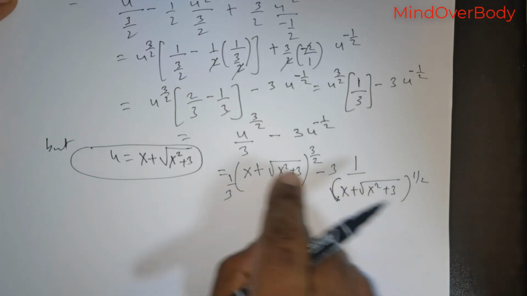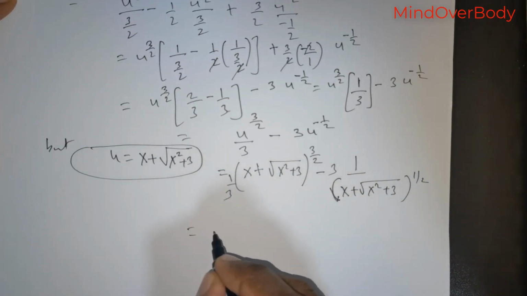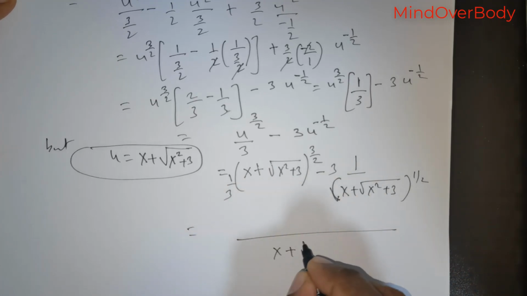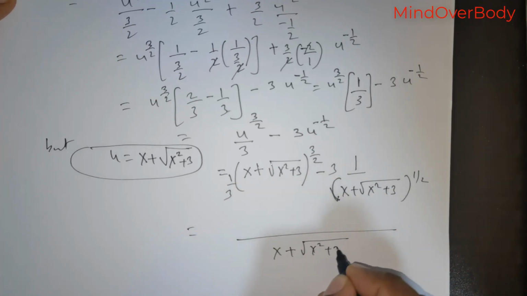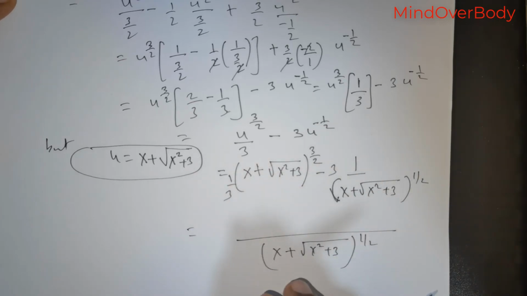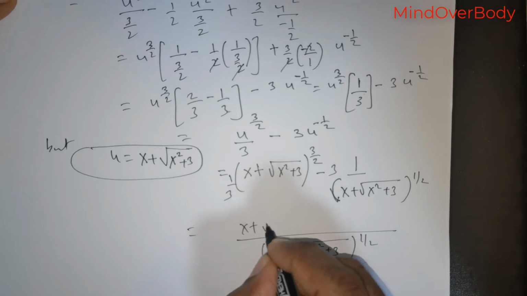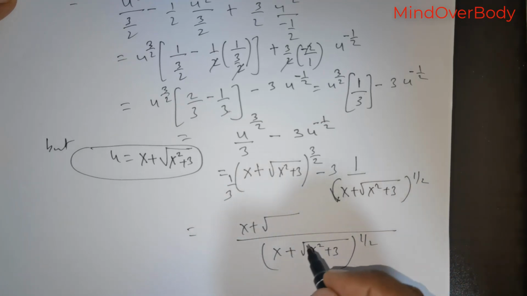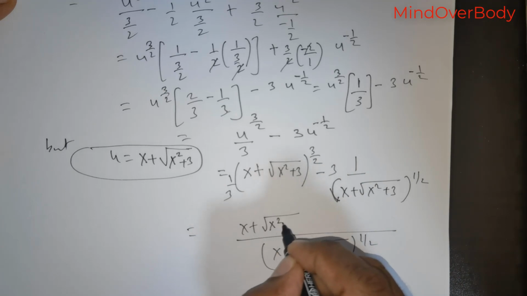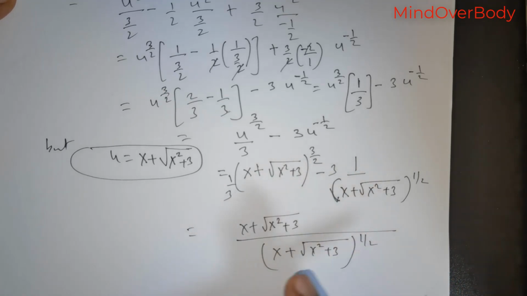Now what you can do is take the LCM. If you take the LCM, this is going to be x plus the root of x squared plus 3 raised to the power of 1/2. So you multiply this, you get x plus the root of x squared plus 3. Of course there is a 3 there, so probably you can place a 3 there.